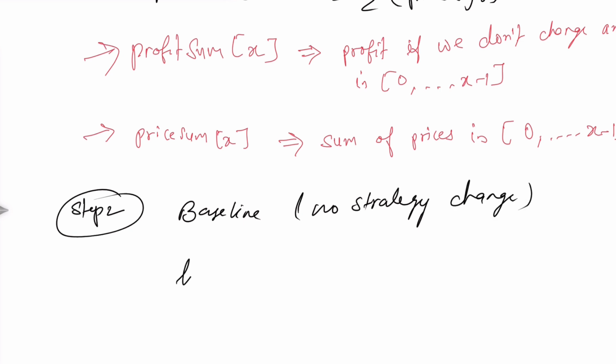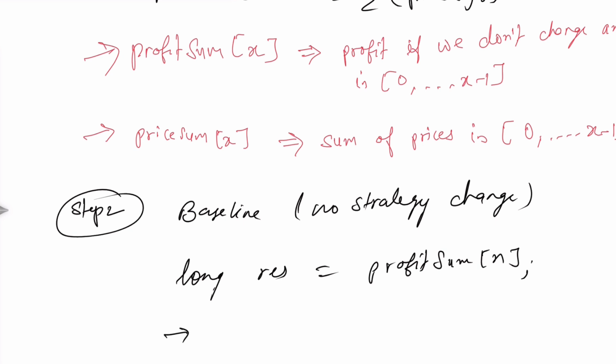It means that if I take a long result, the profit sum of n we can get. This is the profit if we don't modify any window.